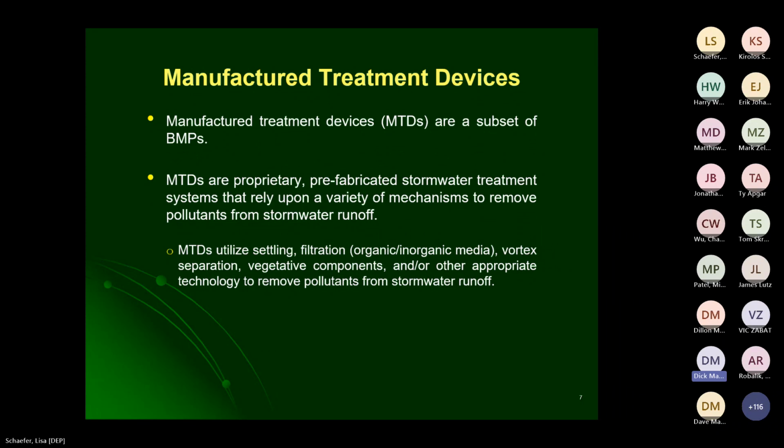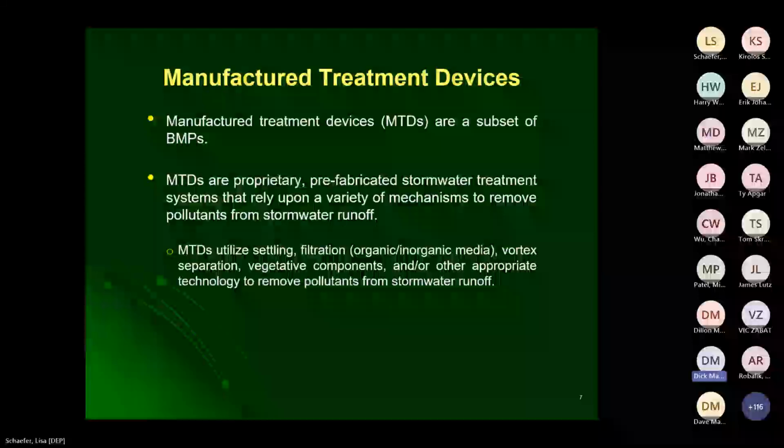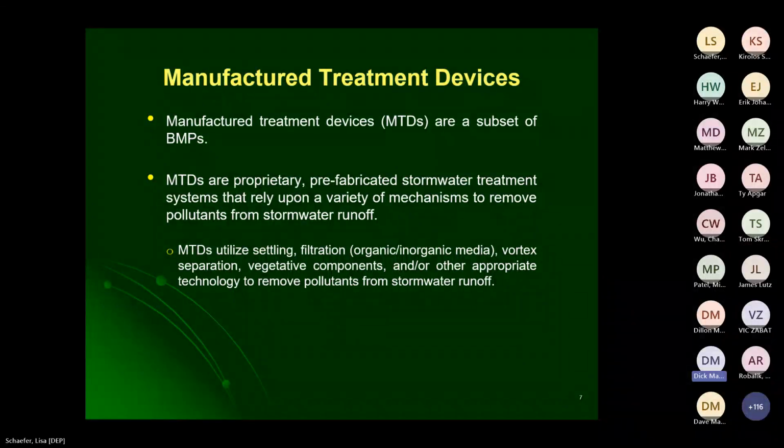All right, that was background. Now let's get to the manufactured treatment devices. Basically, as shown here, manufactured treatment devices, which we refer to as MTDs, are a subset of BMPs. They're proprietary, prefabricated stormwater treatment systems that rely upon a variety of mechanisms to remove pollutants from stormwater runoff.